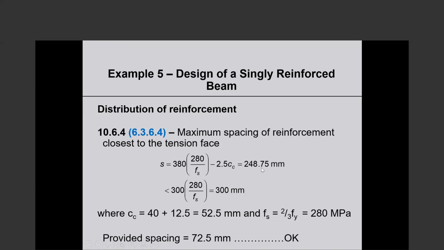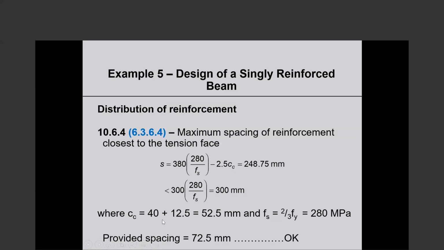In calculating this number and that number, we have used an F sub S equal to 2/3 of F sub Y, which is 280 MPa. And the C sub C that is required here is not clear cover. This is cover to the center of the reinforcement.